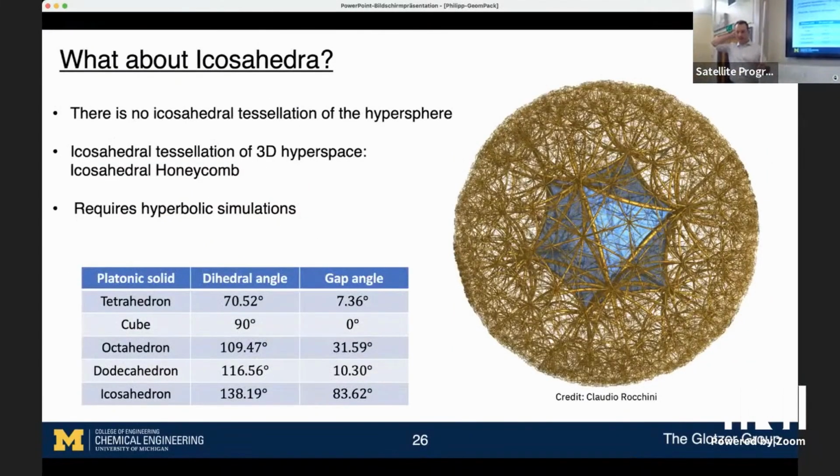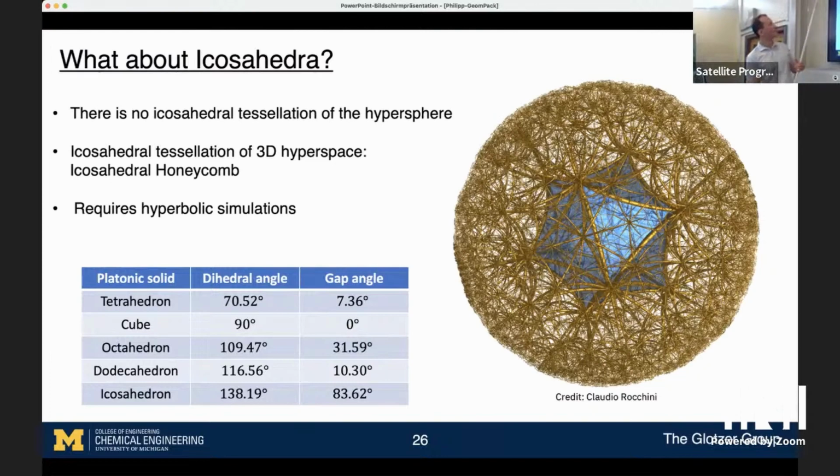I have given this talk a couple of times, so people always ask, what about the icosahedra? Icosahedra is not as easy, as I already mentioned, because there you have to do simulations in hyperbolic space, and it was already hard enough to do all the math in spherical space.